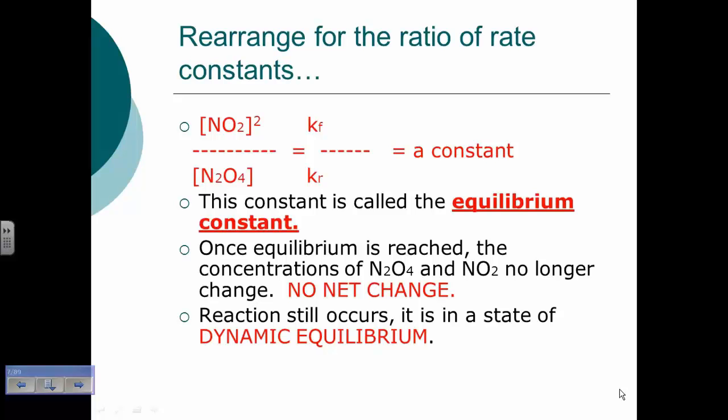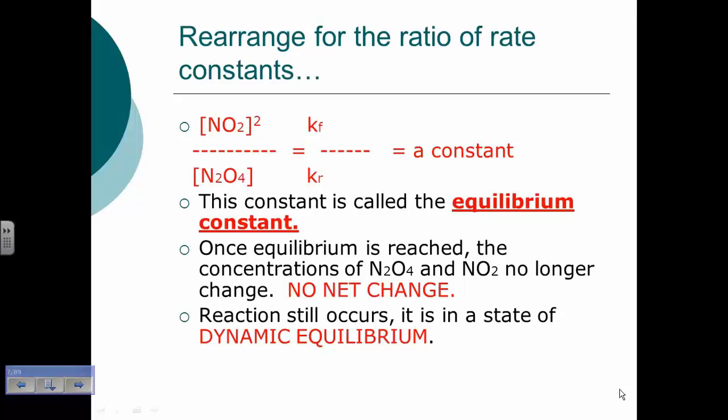This is the very definition of an equilibrium constant. We're going to just simplify to K, Kf over Kr. If the rate law constant for the forward reaction over the reverse reaction, Kf over Kr, defines the term equilibrium constant.